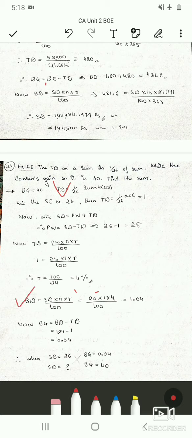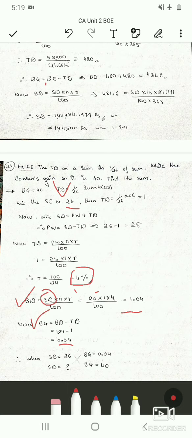Now we will see what the banker's discount is. So it is sum due into n into r by 100. Now we know the sum due, it is 26. N is 1, r we have got as 4%. So the banker's discount will be 1.04 when you simplify. So now we can calculate the banker's gain when we have both the banker's discount and true discount.